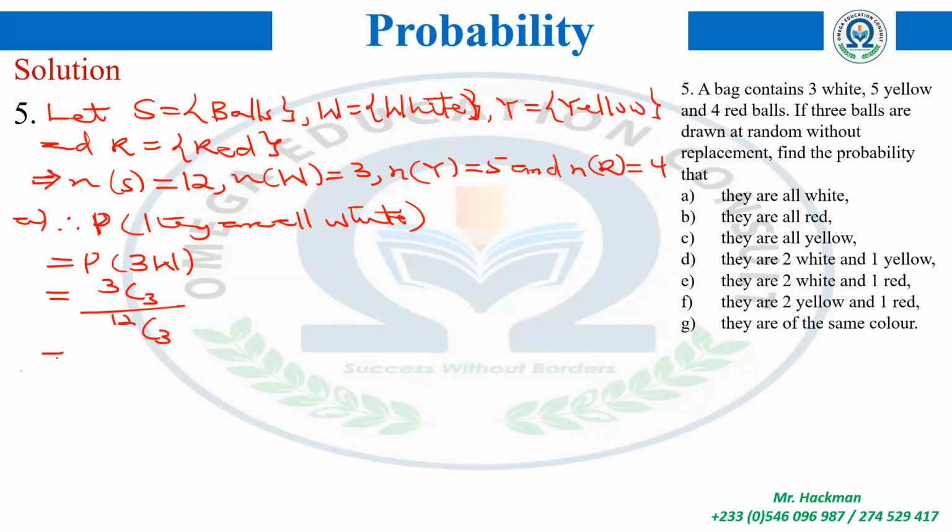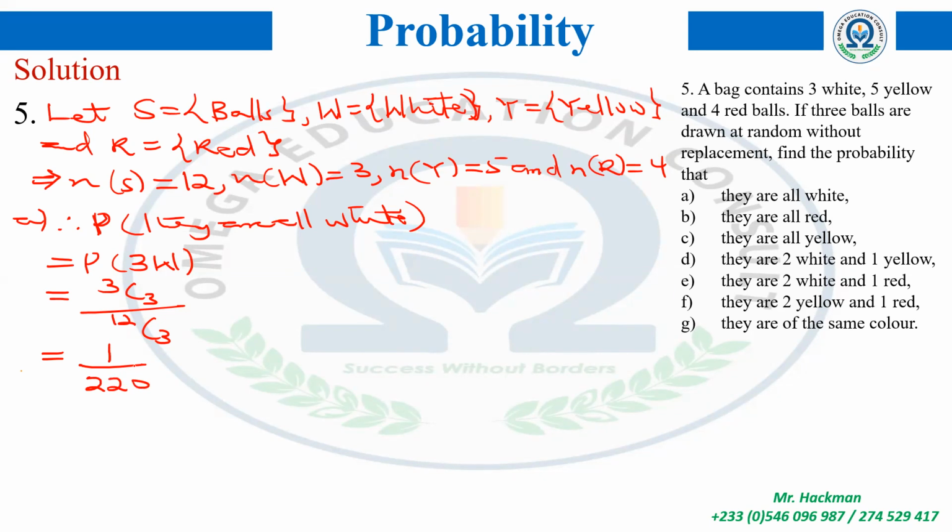So you are in a comfortable lead. Any number combination itself is 1. 12 combination 3 is 220. So this is supposed to be your answer.